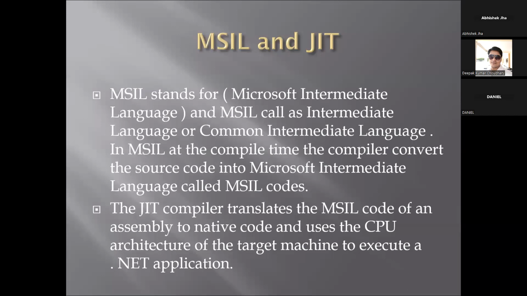But before we come to the JIT part, first of all we need to understand MSIL, Microsoft Intermediate Language. That is the short form of Microsoft Intermediate Language. So MSIL is a common intermediate language.